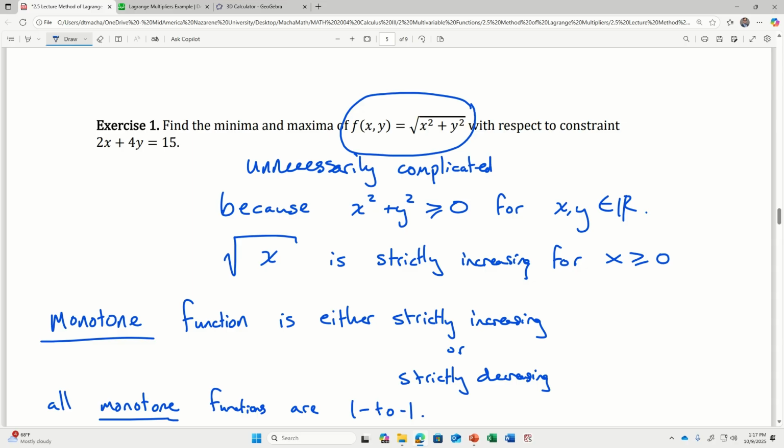And so if my curve is a strictly increasing curve, then every value in the output is mapped to by only one input.